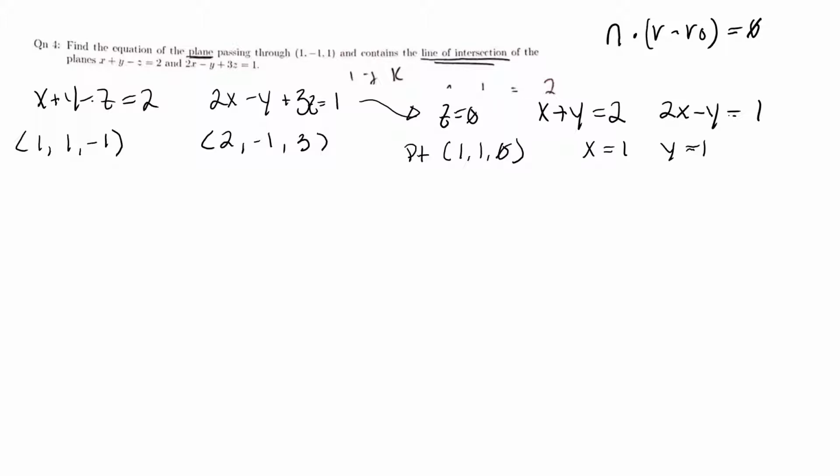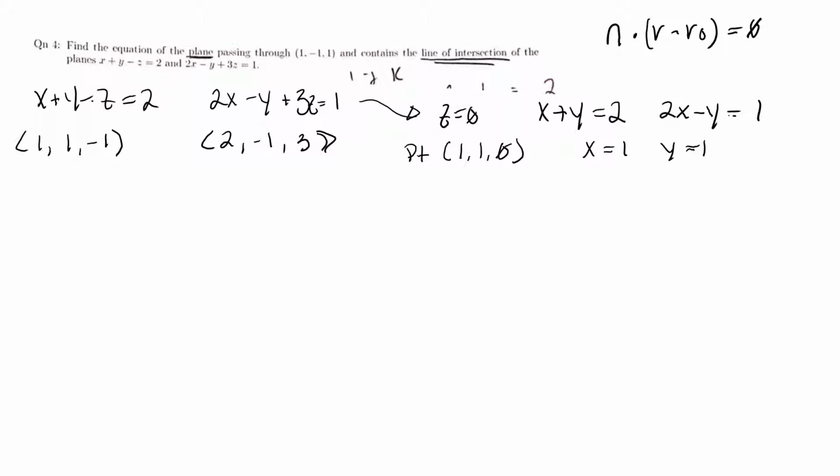So at this point, we have a point that we can use and two vectors. These two are perpendicular to this plane at the moment. We can cross them to get a vector parallel to the line of intersection, which is what we need.